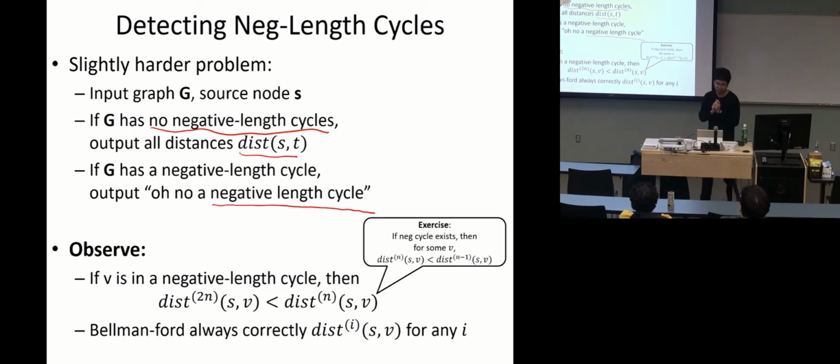Now, how do we solve this? Well, one observation is that if v is in a negative cycle, then I claim this is true: the distance from s to v that uses at most 2n hops is going to be smaller than the shortest path that uses at most n hops.